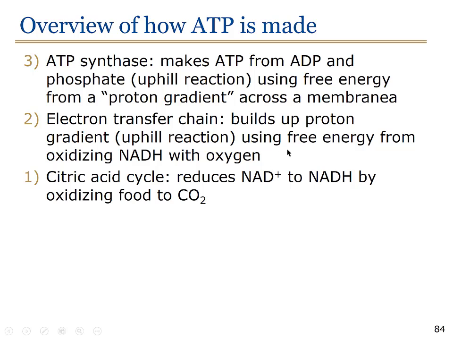Now, where do we get the NADH from? We get that by oxidizing food to CO2, and at the same time the NAD plus is reduced to NADH. Okay, so it's sort of a 3-step process. Each process depends on the other process, and only when they work in concert does the whole thing work.